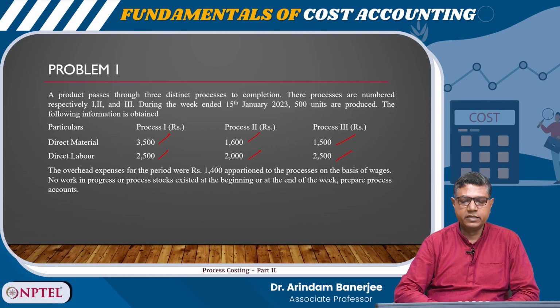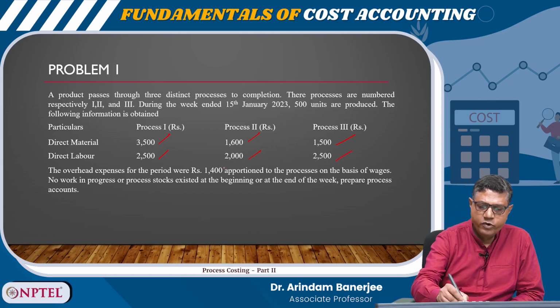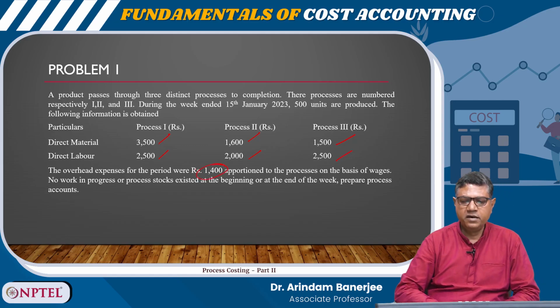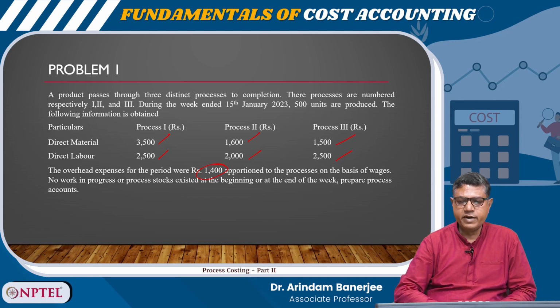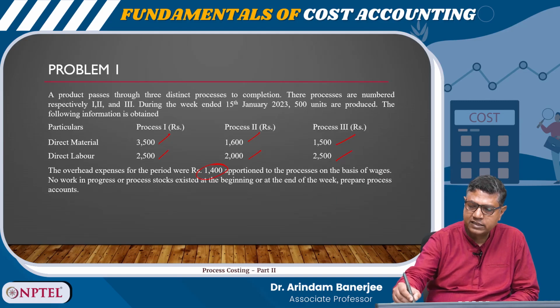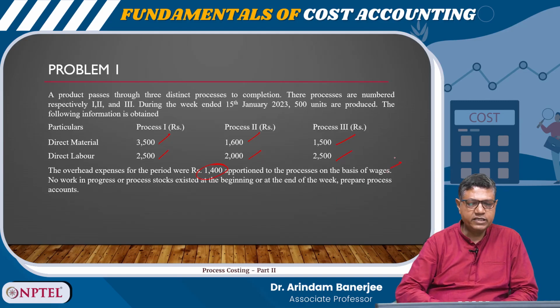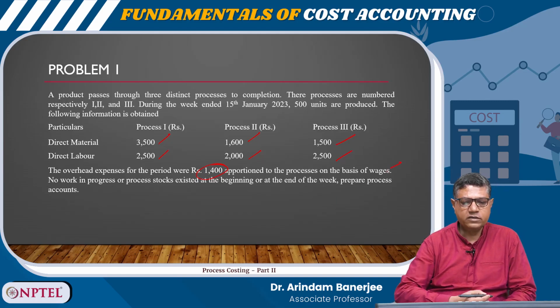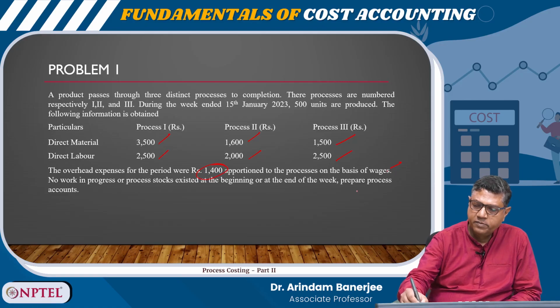The overhead expenses for the period were rupees 1400, apportioned to the processes on the basis of wages. No work in progress or process stocks existed at the beginning or at the end of the week. Prepare the process account.